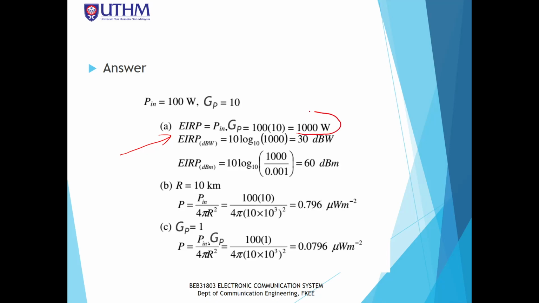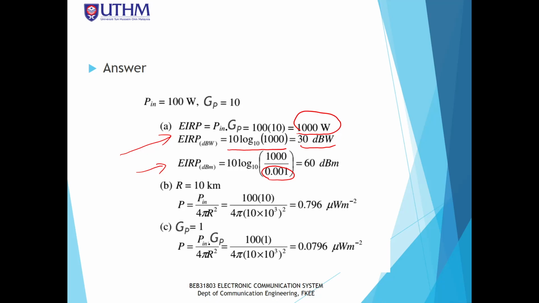The question asks in dBw and dBm. When we want to use dB watt, that means 10 log EIRP. So 10 log 1000, we get 30 dBw. And in terms of dBm, dB milliwatt, 10 log 1000 divided by the reference 1 milli. 0.001 is 1 milli.